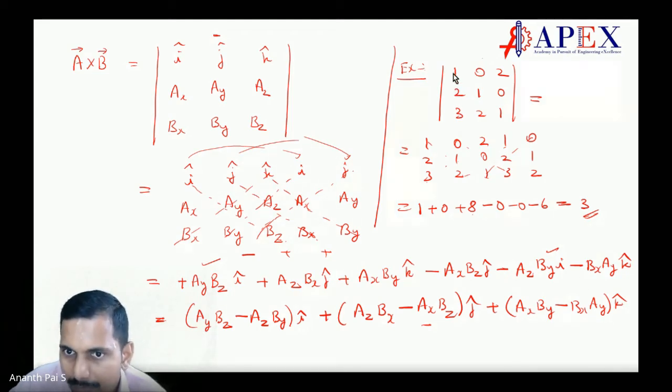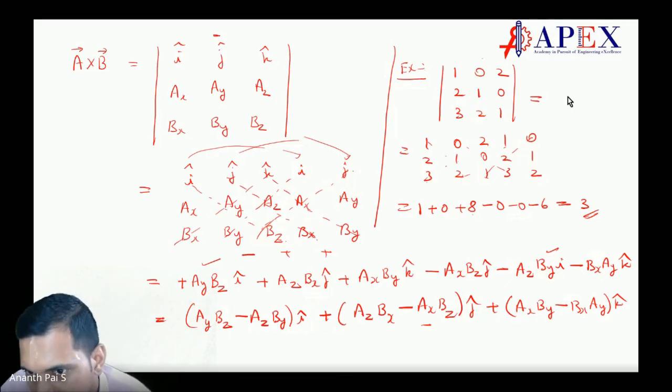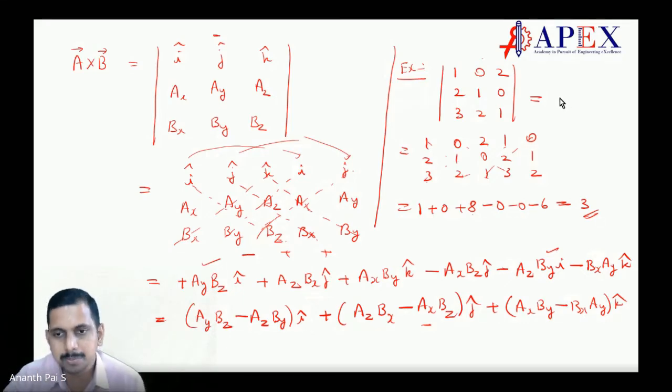You can see here. When you have to find out the determinant of this, I have written it like this. I have added these two again. This is a shortcut. It will become easier for you to solve. Especially speed is increased because of these techniques. So 1 into 1 into 1, 1, 0. 2 into 2 into 2, 8. Then minus 0, 0. Minus 6 is equal to 3.